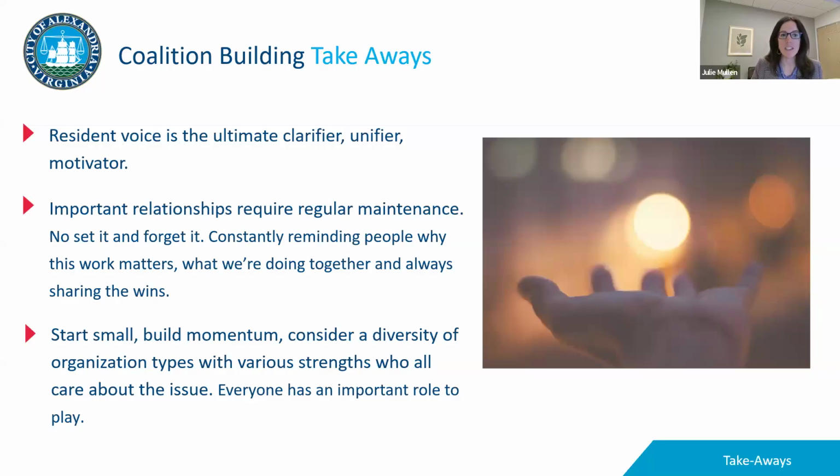Part of this is always sharing the wins. That's really important because people always have to be able to make the case for why they continue to partner. We need to show people that what's coming out of the coalition is contributing to the success of their work, separate from our work together.